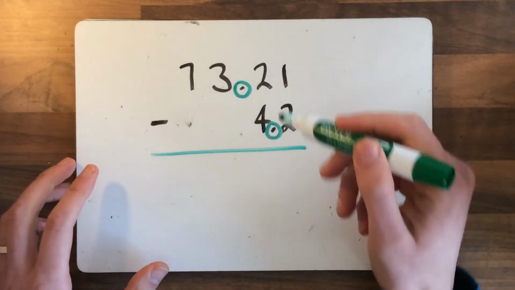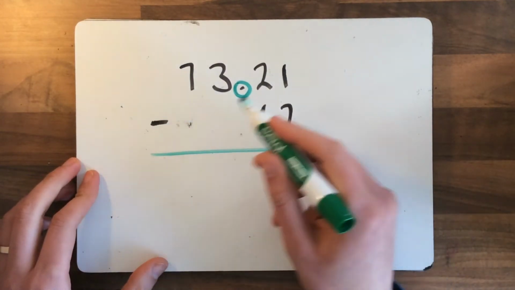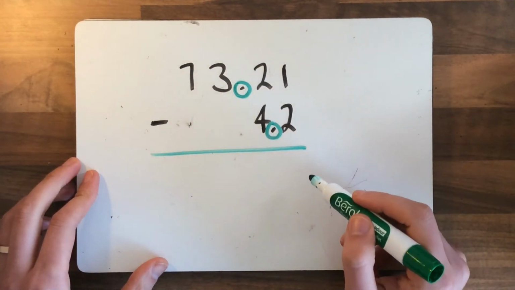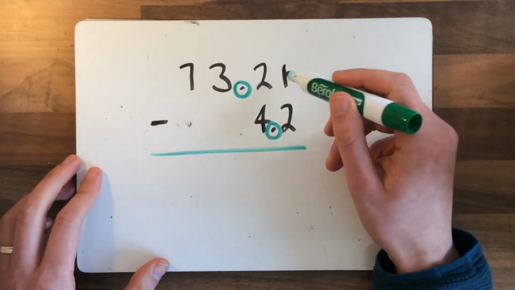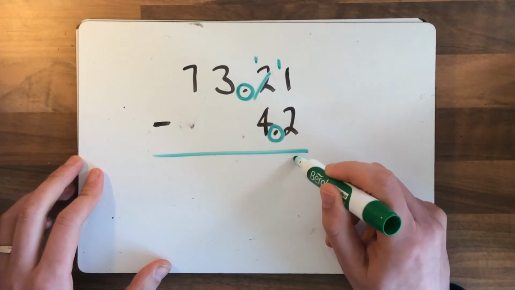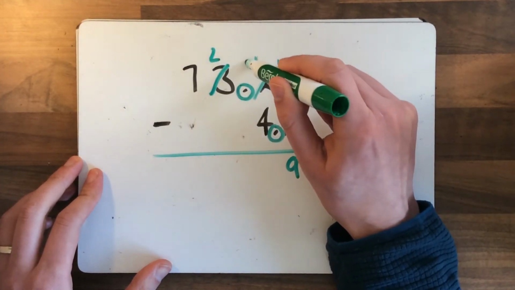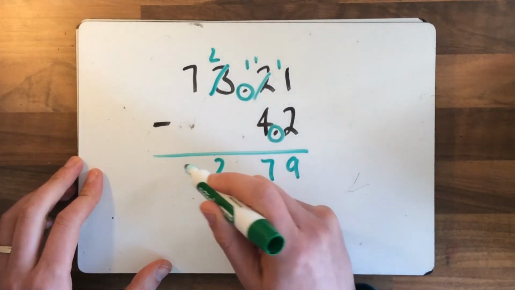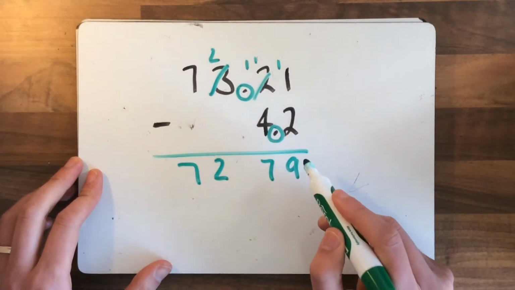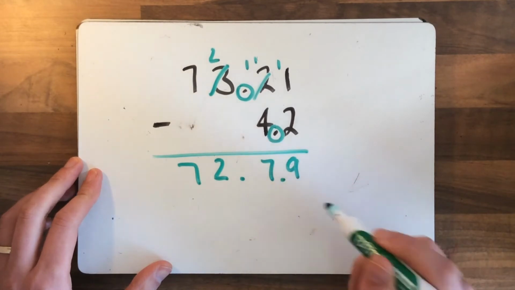So if we were to begin to do the subtraction here, it's going to be wrong because they're all lined up incorrectly, aren't they? Even if we were to go ahead and do this subtraction here, where do we put the decimal? Do we put the decimal point here and here?